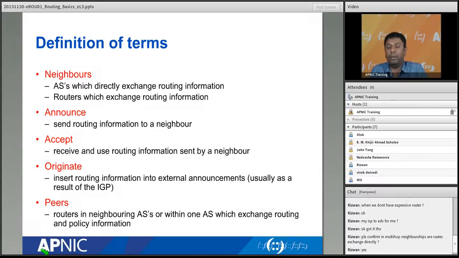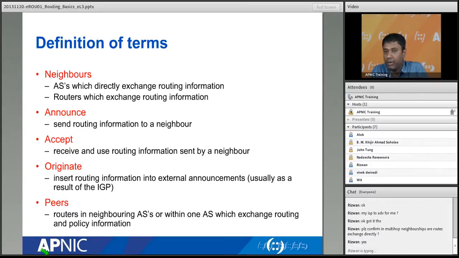In eBGP multi-hop, they exchange routes between those routers, but it's going via several next hops. Your next hop reachability has to be there. When next hop reachability is there from your router to the other router with whom you're exchanging the route, yeah, they're exchanging directly. Is that okay?